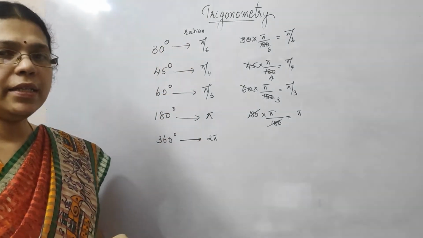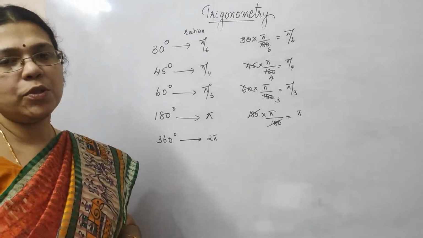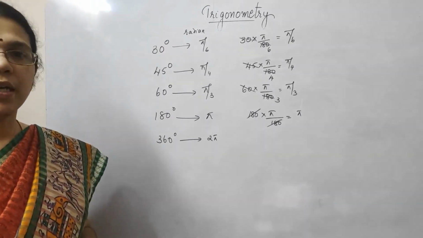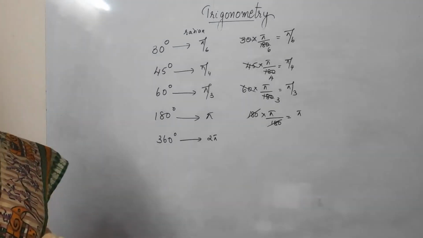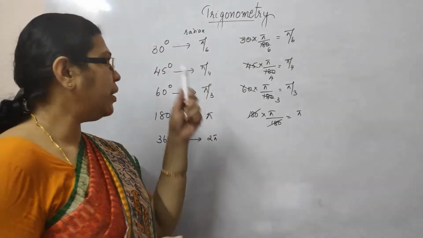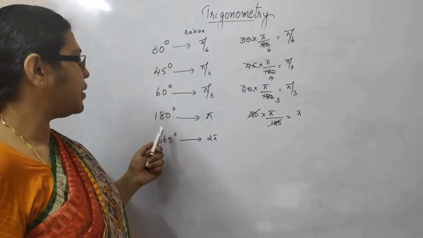Here in this chapter we will hardly be using degree measure, but most of the time we will be using radian measure only. So this is how you convert the degree measure into radian measure. The degree measures you are familiar with are 30, 45, 60.